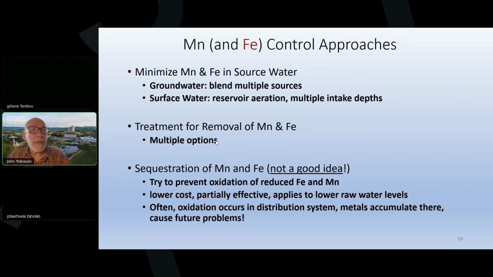And what happens is a lot of those metals just get deposited in the distribution system, and you see them in flushing events and bad water events, and it just creates a future problem that we often call legacy manganese out there. Or it happens when you add base, as in bleach, to laundry, and there you get to oxidize the metals onto your clothing.